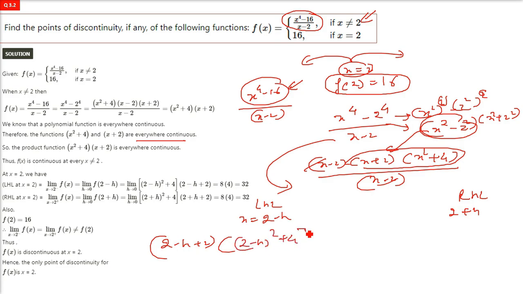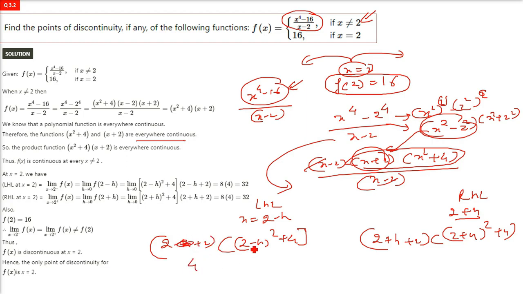Let us put this value in (x + 2)(x^2 + 4). So I am putting 2 - h on the left hand side. Same thing, but here we put 2 + h: (2 + h + 2) and (2 + h)^2 + 4.